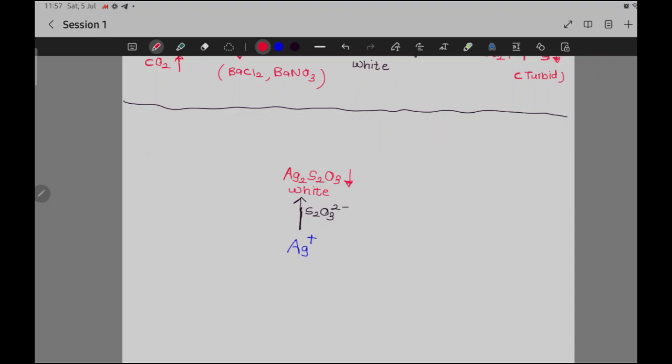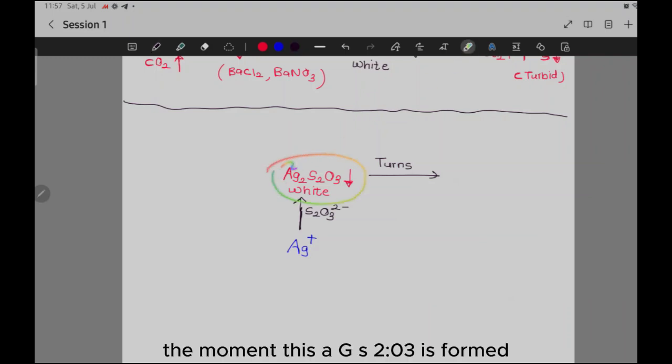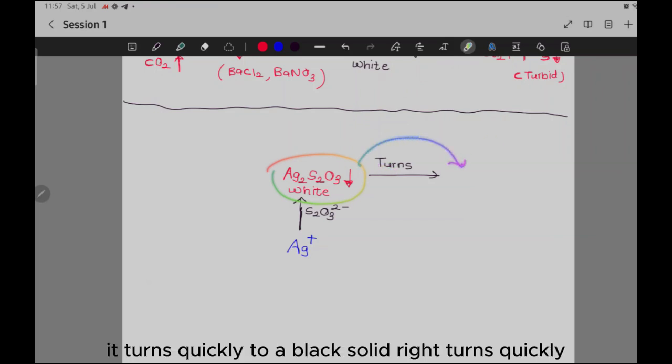But this doesn't stay as a white precipitate for a long time. It quickly converts to a black solid. Remember the keyword quickly. The moment this Ag2S2O3 is formed, it turns quickly to a black solid.